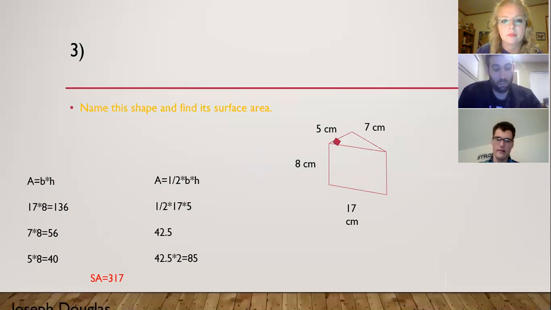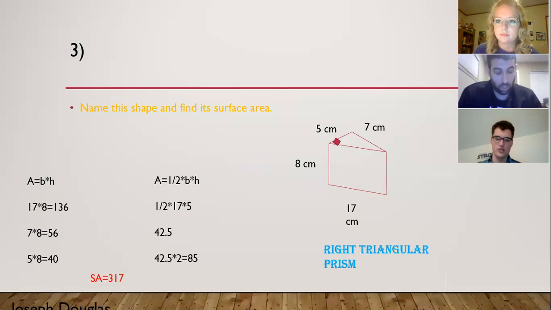So 1/2 times 17 times 5, which gives us 42.5. And since there's 2 of them, we multiply 42.5 times 2 equals 85. Add 85 to these 3 over here, 56, 136, and 40. We get the surface area is 317 centimeters squared.